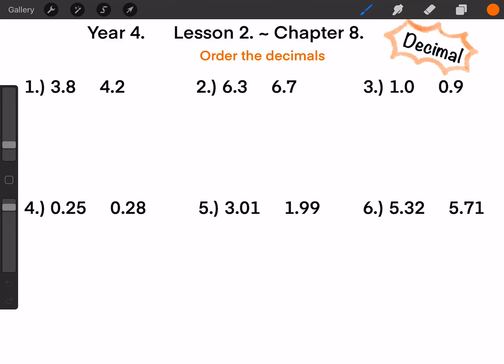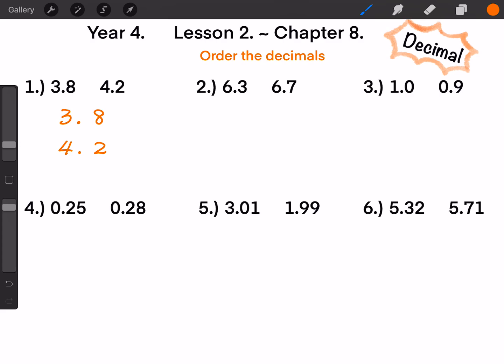Group 1, 3.8 and 4.2. Which one is bigger? When we compare the values of decimals, we always start from the most left position.